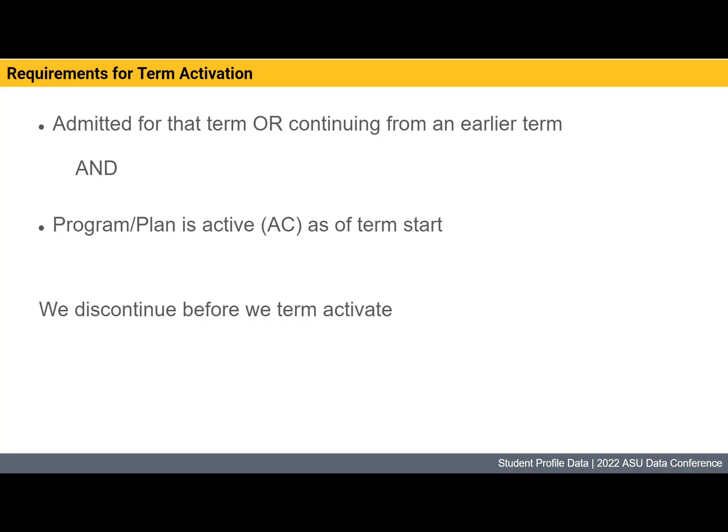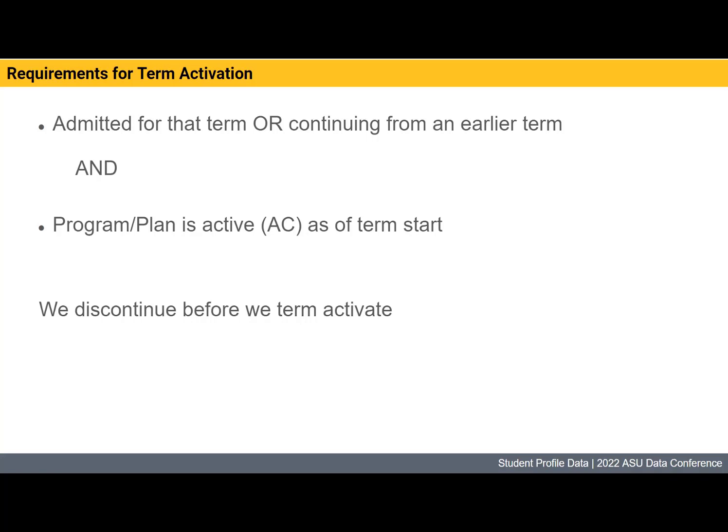This is the main reason why we don't term activate for a future term until the 21st day of the current term, because we have to wait for students to have a chance to register before we know if they've met the continuous enrollment requirements. So we wait until the 21st day. And then on the 22nd day, students that haven't been enrolled for the continuous enrollment requirement for their career are discontinued, and that inactivates their program plan stack.